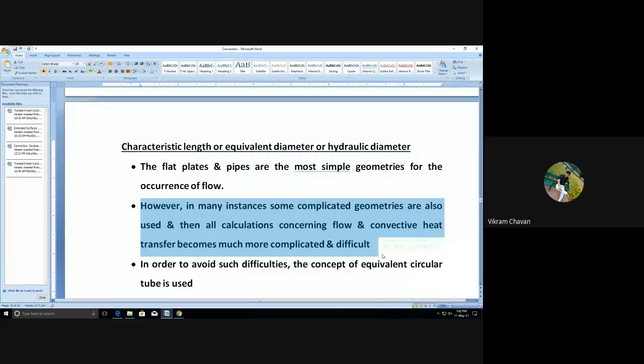Some complicated geometries are also used, and then all calculations concerning flow and convective heat transfer become much more complicated and difficult.